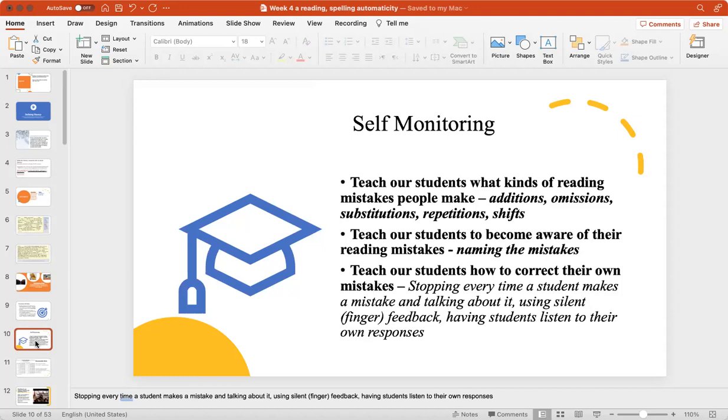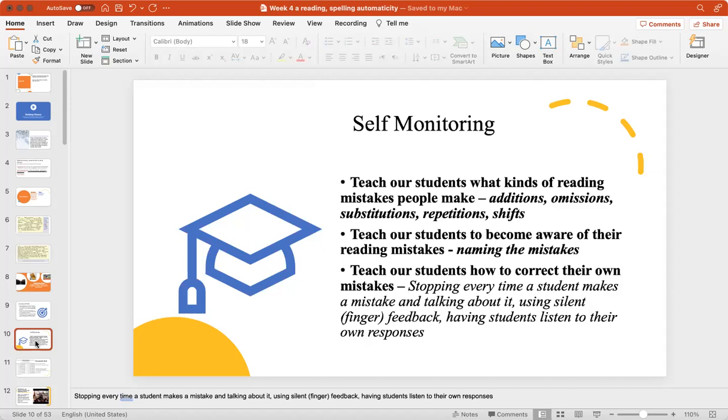Additions, deletions or omissions, substitutions, repetitions, and shifts. Those are what we teach when we teach phonemic awareness, aren't they? Those are also the kinds of mistakes our students make when they misread a word. So we want our students to be aware of that when they are doing phonemic awareness, when they are reading letters or spelling letters, when they're reading words or spelling words.